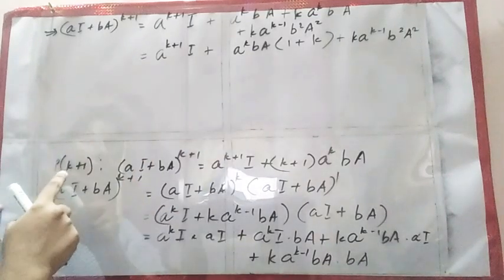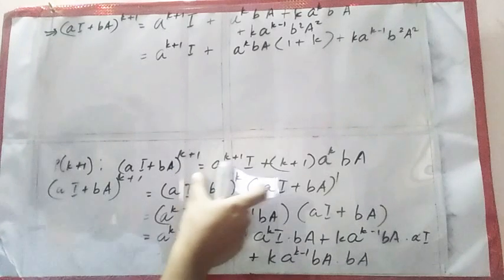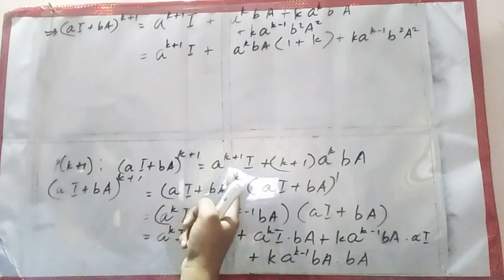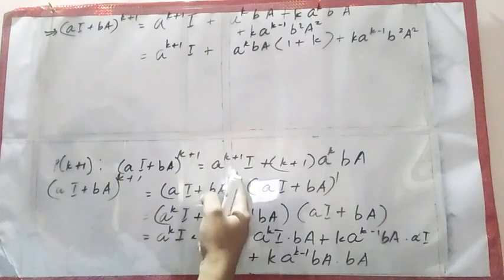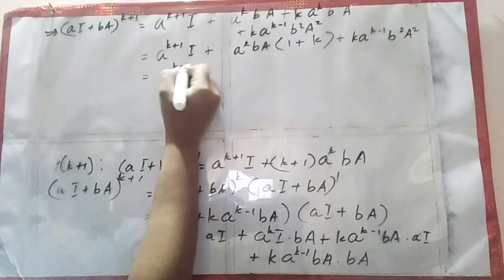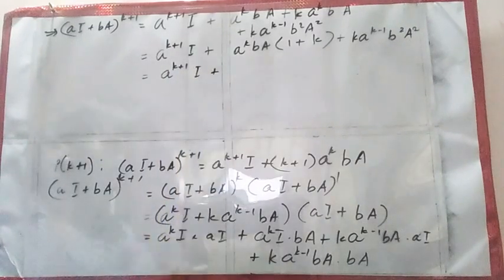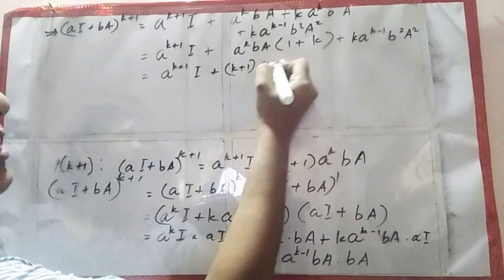So if we compare this result with our required result P(k plus 1), that is, we have to get it as a I plus b A whole raised to k plus 1 is equal to a raised to k plus 1 I plus k plus 1 into a raised to k b A. If we look here, we can rewrite it once more. Then we have a raised to k plus 1 I plus, we can write this term as k plus 1 into a raised to k b A. Just interchange it.